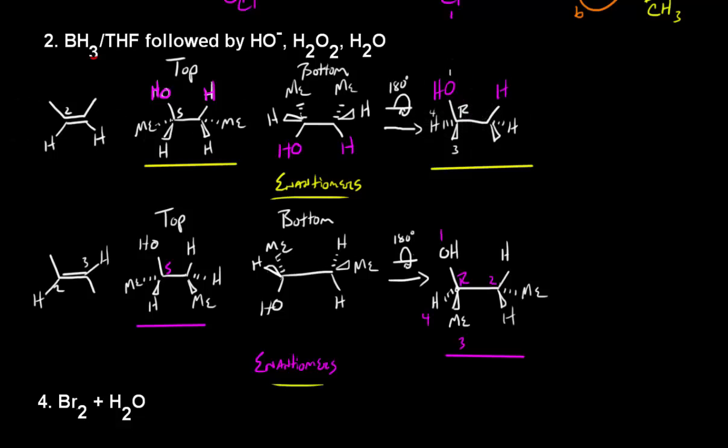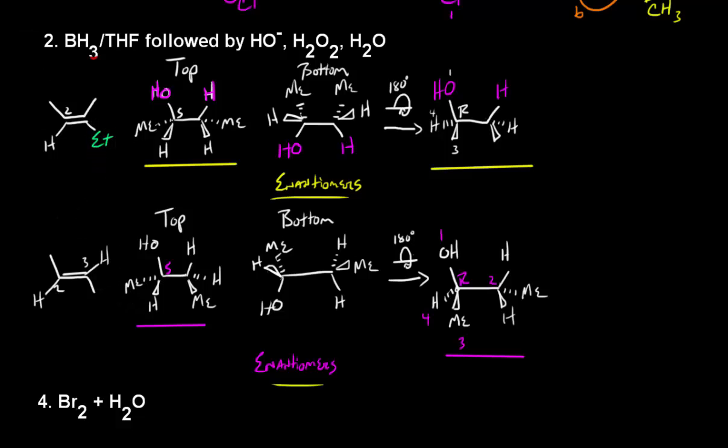Now, if you really want to blow your mind, you need to think about the possibility of what would happen if instead of this being a methyl, what if it was an ethyl? What if there was an ethyl here, or what if this was an ethyl here? So this is another really good time to play around with this. So instead of a hydrogen being there, what if this was an ethyl?